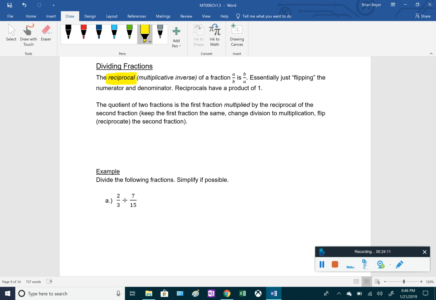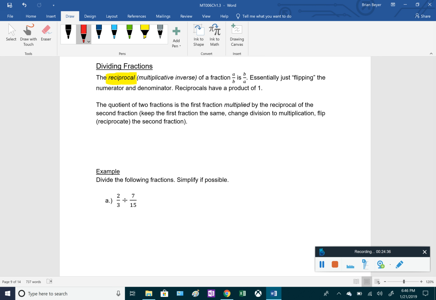Okay, so the way that we're going to be doing this is the quotient, so that just means when we're dividing, the quotient of two fractions is the same as the first fraction multiplied by the reciprocal of the second fraction. So we're going to keep the first fraction the same, change division to multiplication, and flip or reciprocate the second fraction.